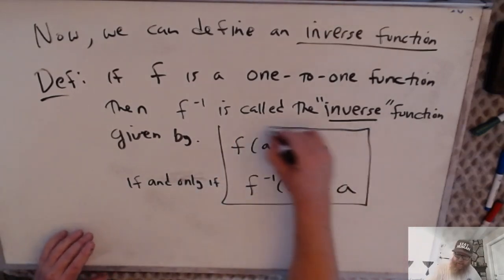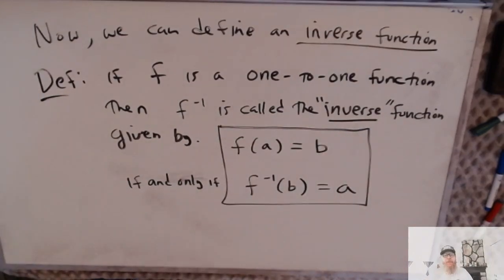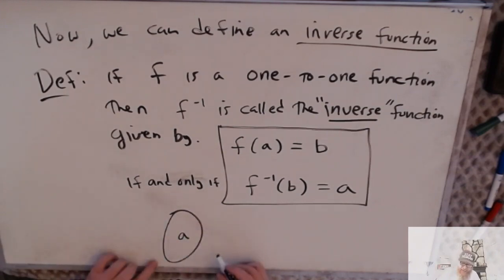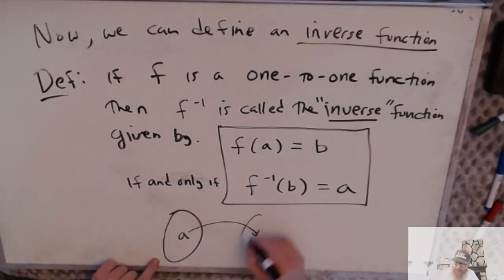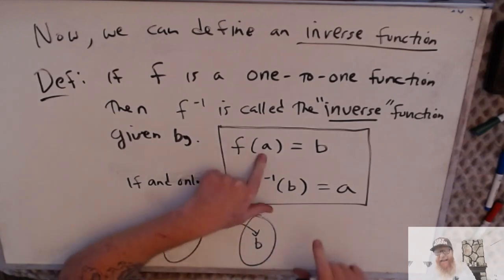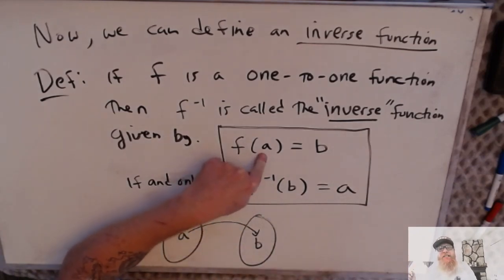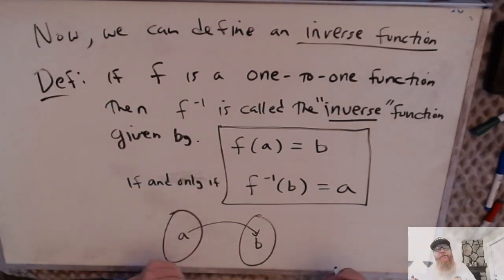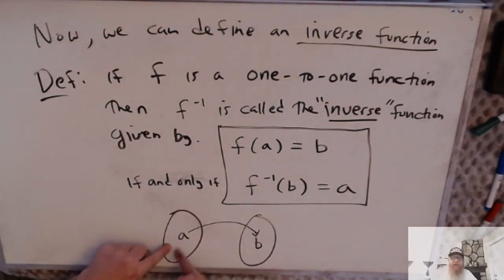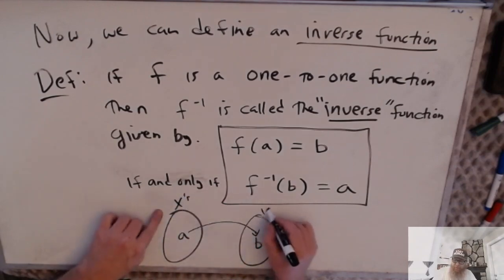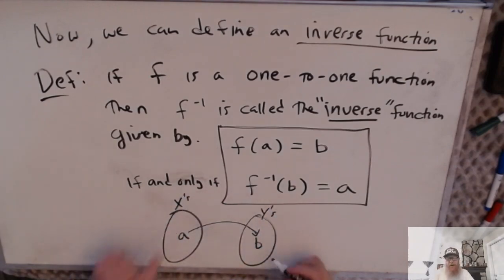In other words, if the function sends a to b, I'm using a and b intentionally instead of x and y. A is a specific x value, and b is a specific y value. All right, so a is over here in the domain, and b is over here in the range, the y's.